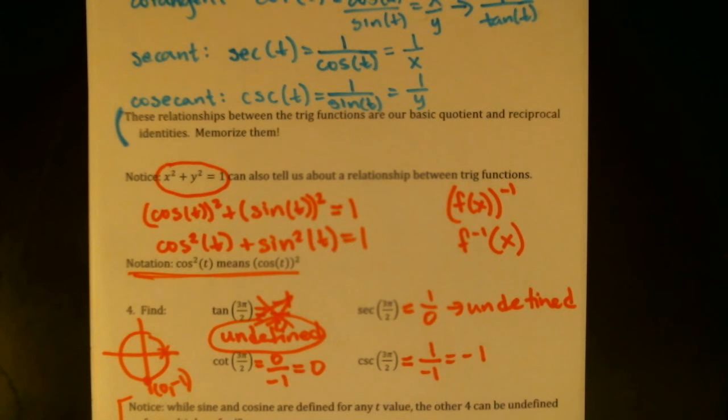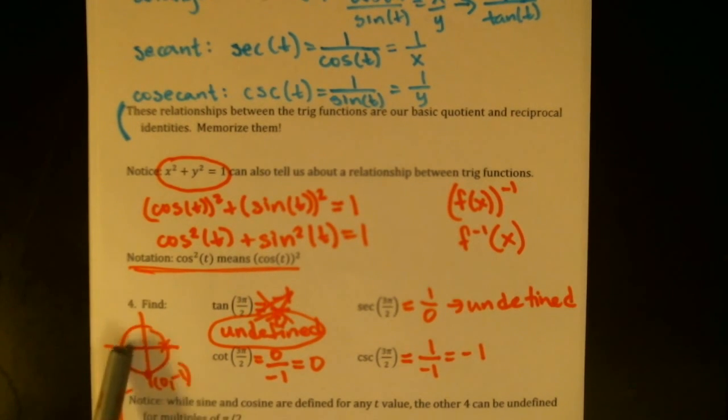You might need a calculator to tell you, but every t value is associated with a real x and y value. The other 4 trig functions, because they're defined as ratios, can be undefined anytime their denominator is 0, which means at any point where an x or a y coordinate is 0, you're going to have a couple of them being undefined.